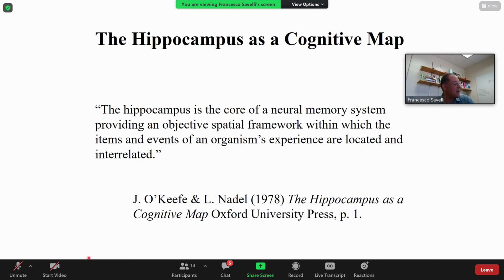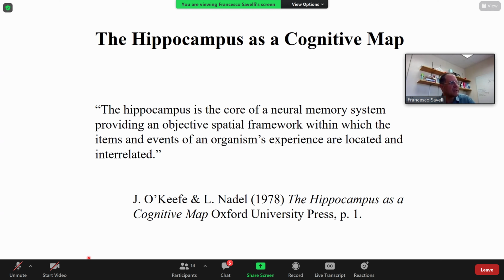And again, I'm going to go back to this statement by John O'Keefe and Nadel in the 70s, the hippocampus as a cognitive map. The idea was very well linked to memory. The idea was that this cognitive map was, as they said, the core of a neural memory system.